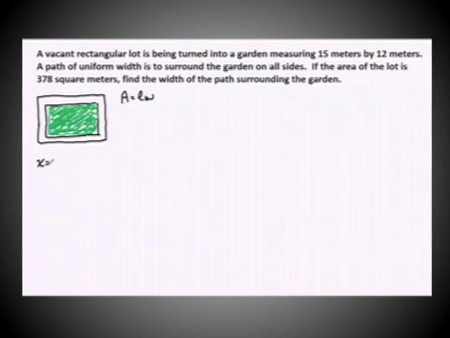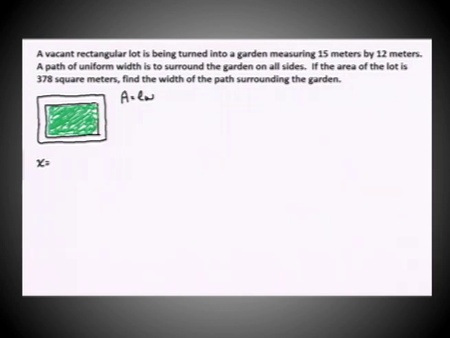So you can see I drew a little garden here with a path surrounding it of uniform width. Well, use your imagination on the uniform width, but it's surrounding the garden on all sides. And the first step in our process is to identify what we would like the variable x to stand for.